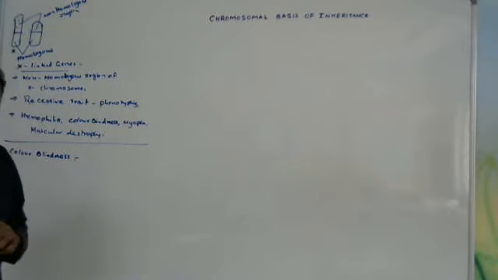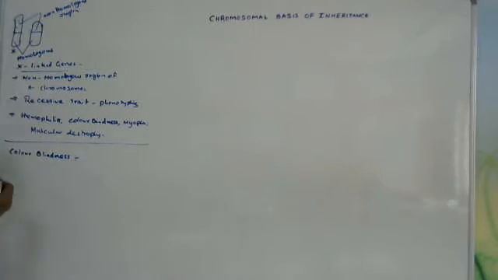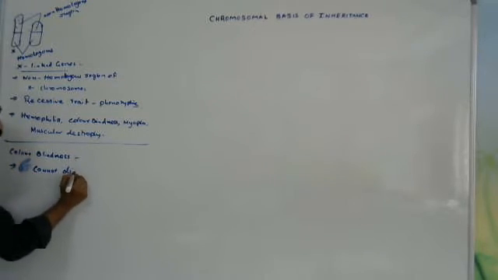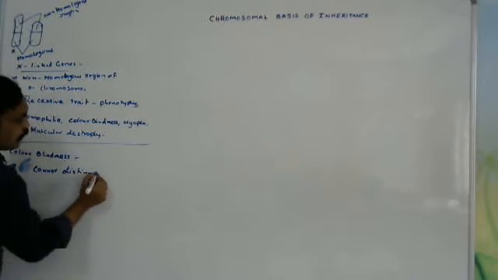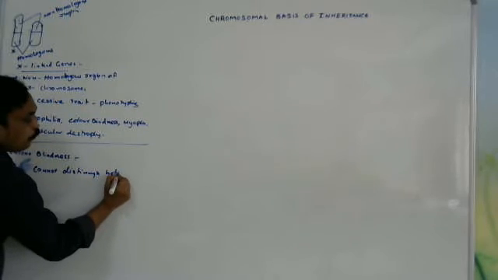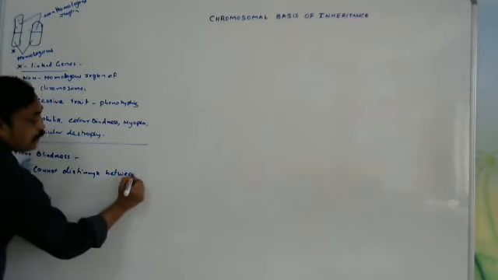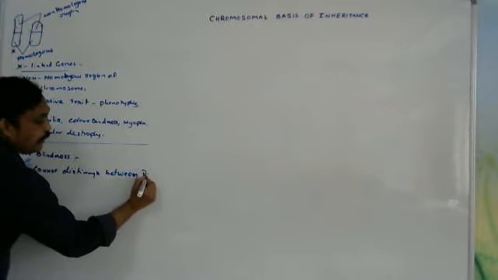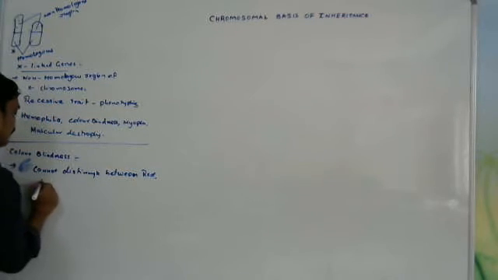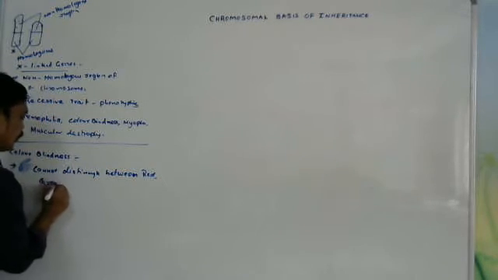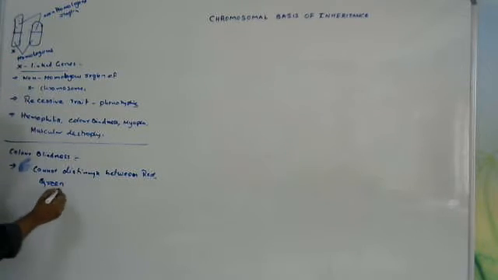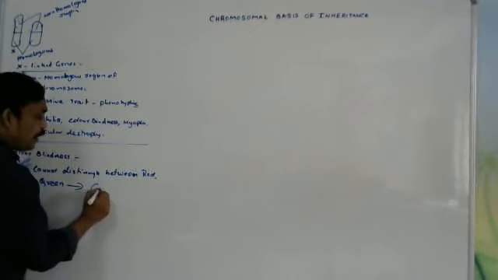Those who suffer from color blindness cannot distinguish between red and green color. They cannot identify red and green color. Red and green appear like a gray color for them.